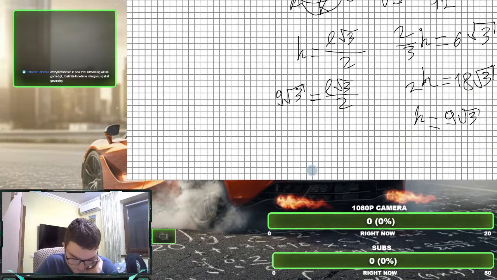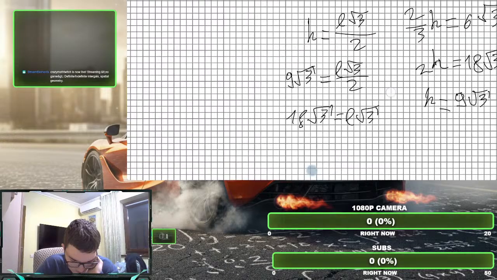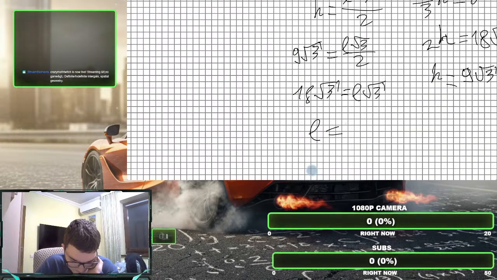So, essentially, 18 square root of 3 is that, which means that L is 18. Right.